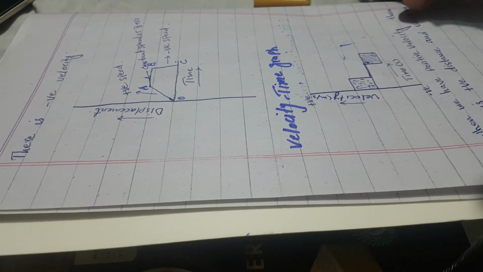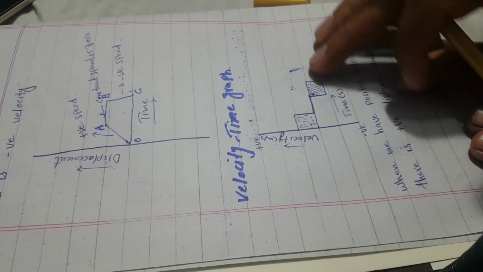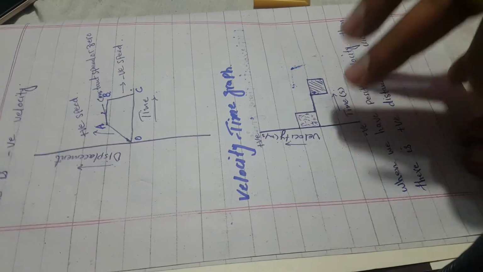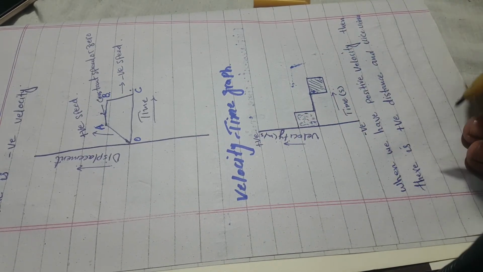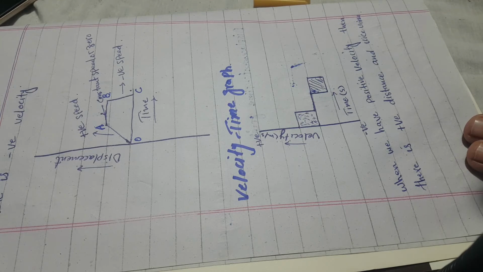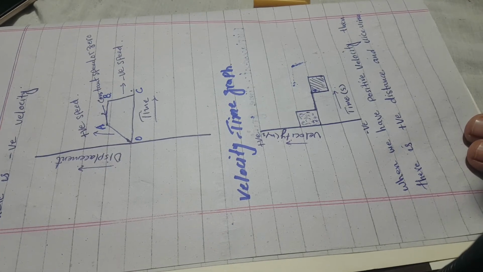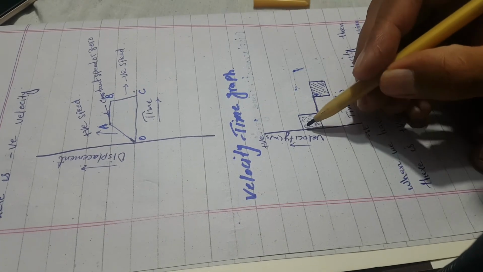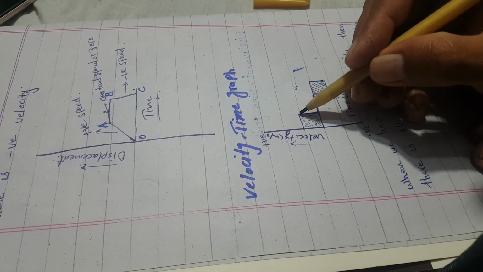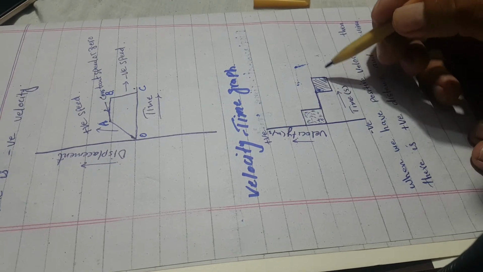So next we will discuss the velocity time graph. In the velocity time graph, when we have a positive velocity then there is positive distance, and when we have a negative velocity then we have a negative distance. Suppose constant velocity, then decreasing, then constant, then decreasing, then constant.